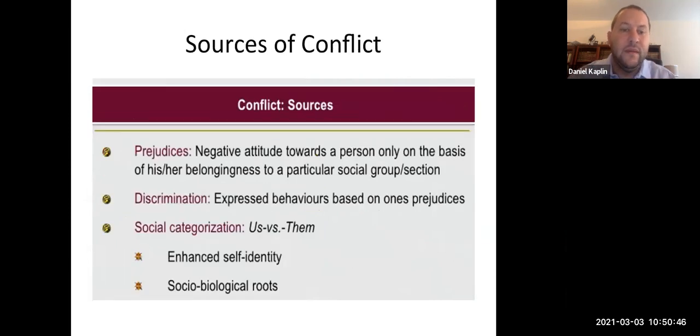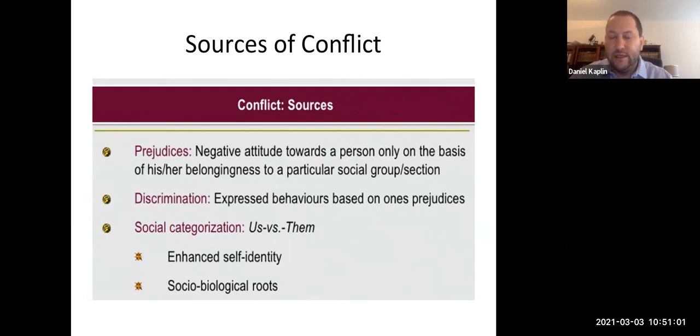Now, sources of conflict could be prejudice. So everybody has implicit biases. Everybody has prejudices.